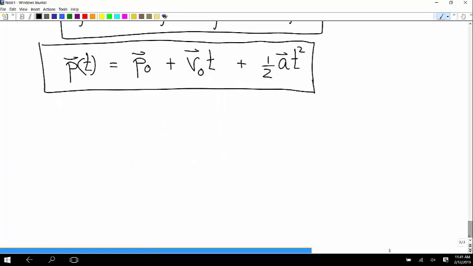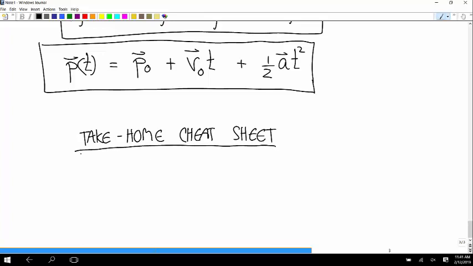Okay, so here's the take-home sheet. So here are the equations that we have. First, we have that the velocity vector as a function of time is equal to the initial velocity plus the acceleration vector times time.